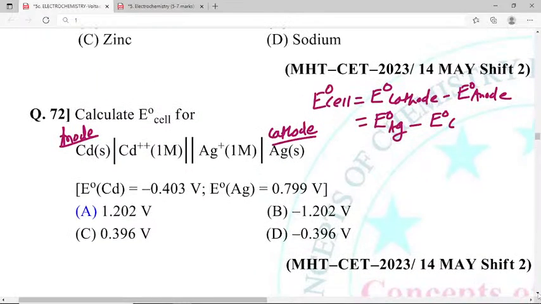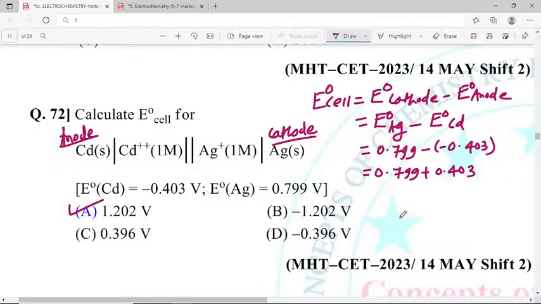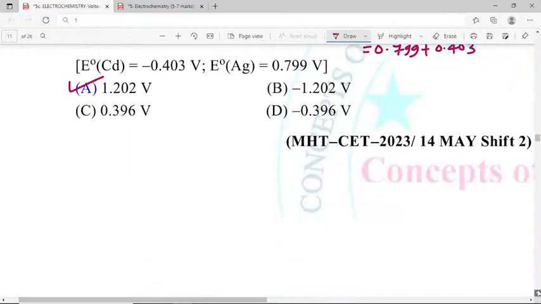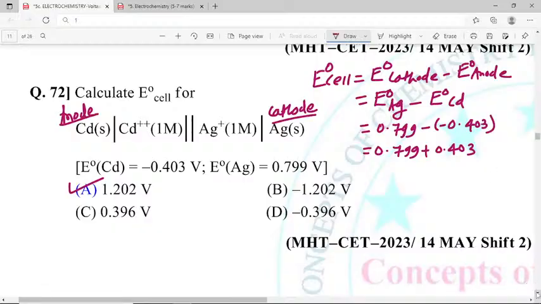Cadmium. Put the silver value 0.799 minus the cadmium value minus 0.403. Minus minus becomes plus: 0.799 plus 0.403. So 1.202 volt. Question number 72 completed.